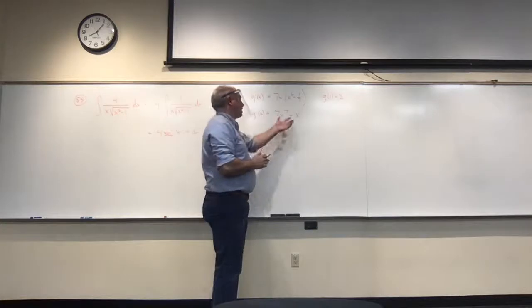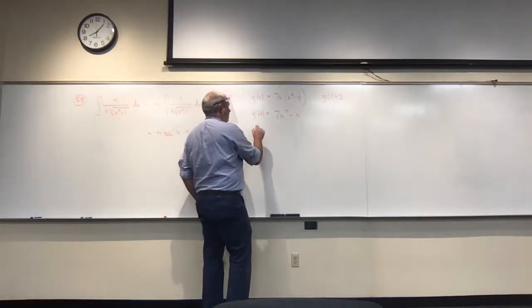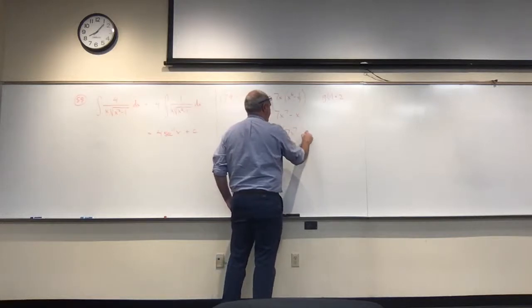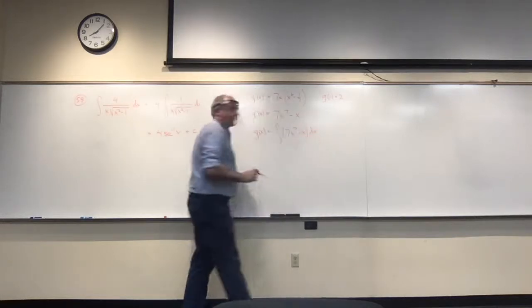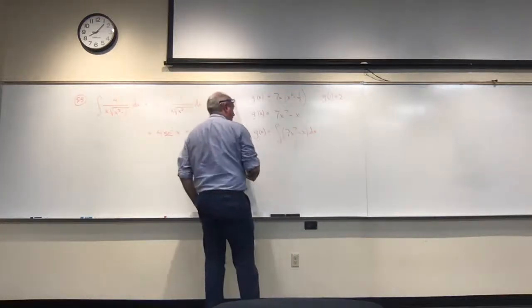This is much better to take the antiderivative, obviously, than the way it was before. So I just have to use the reverse power rule. So g of x is equal to the antiderivative of 7x to the 7th minus x dx, or one of the antiderivatives, I should say.